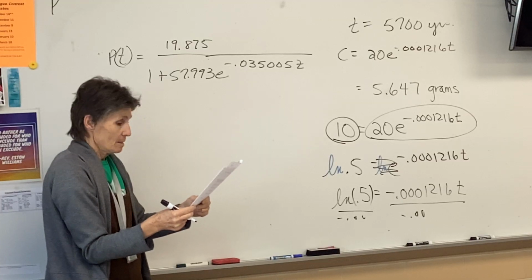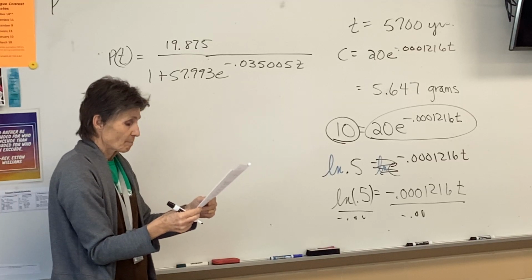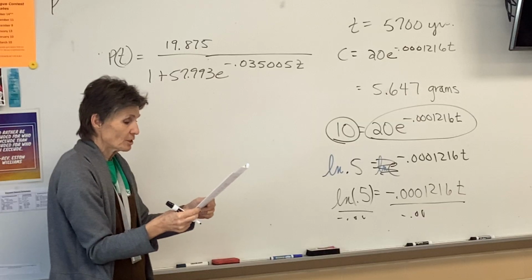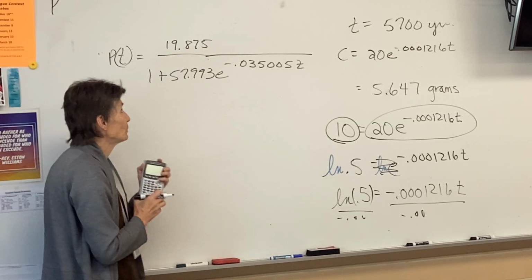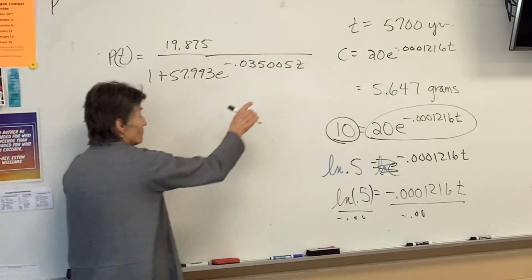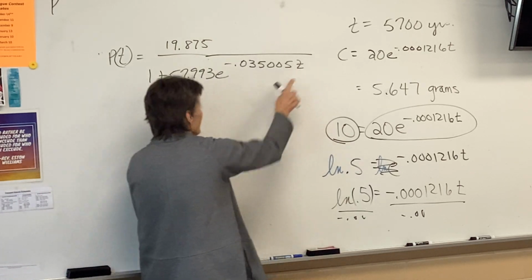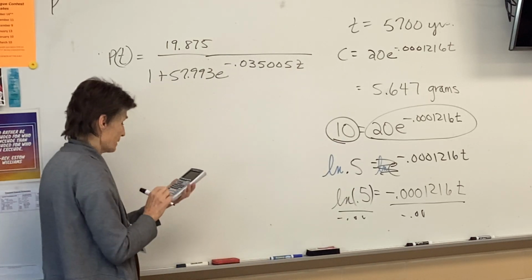Based on this, what was the population in 1850? So what would we do? Put 50 in for T right here. Okay, just type it in carefully.